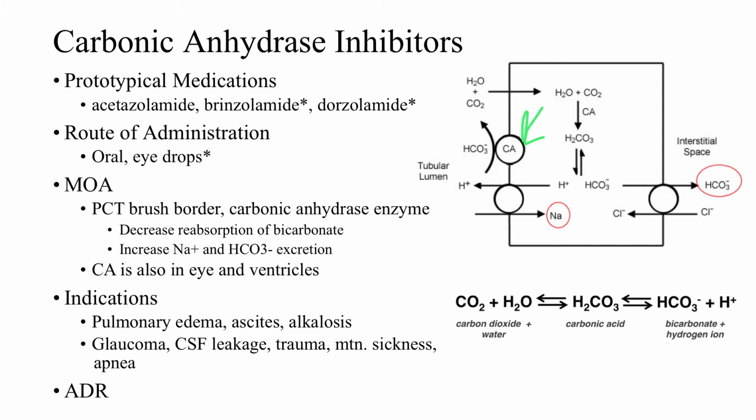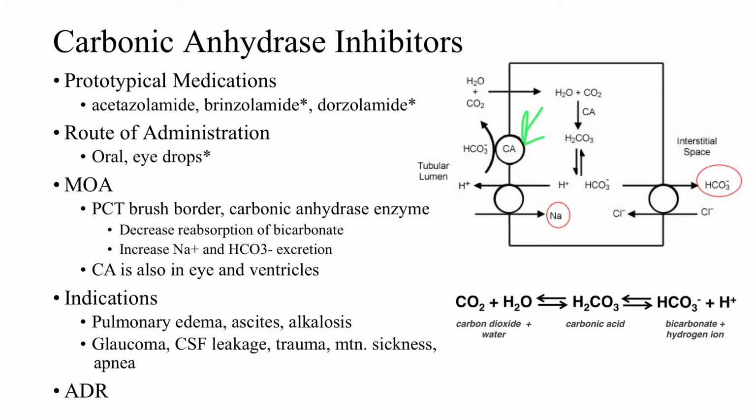So carbonic anhydrase here in this tubule cell, again, sits along the brush border side, and its job is to convert reversibly these bicarbonate ions. When they come into contact with the brush border, they will initially combine with a hydrogen ion.